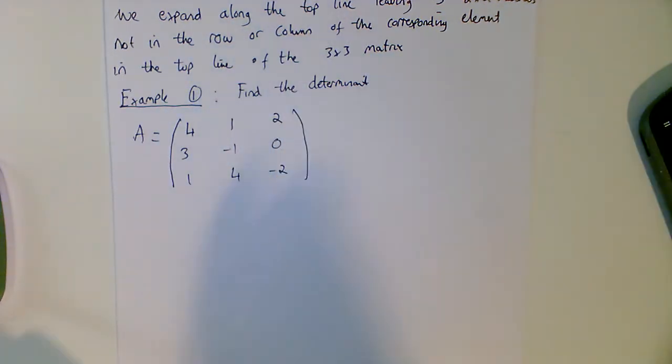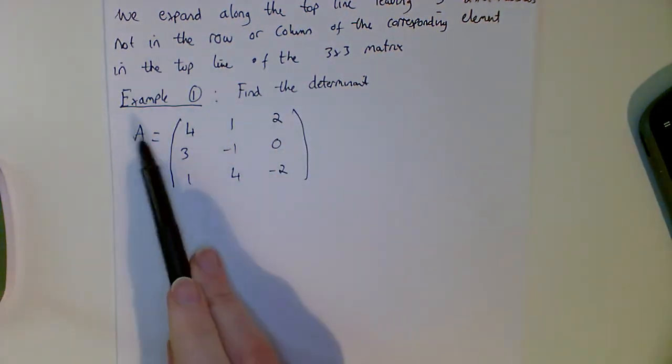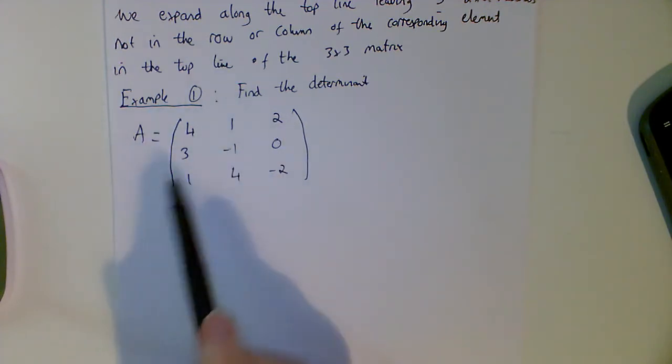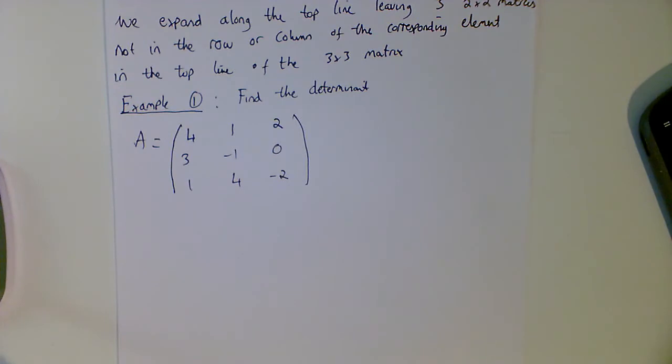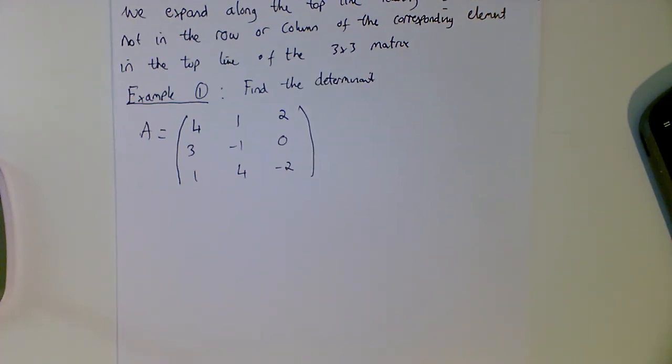Okay, so A is 4, 1, 2, 3, negative 1, 0, 1, 4, negative 2. Now we want to find the determinant, and as I've said to you before, the determinant is the first stage in finding the inverse. So this is just me going through it step by step.